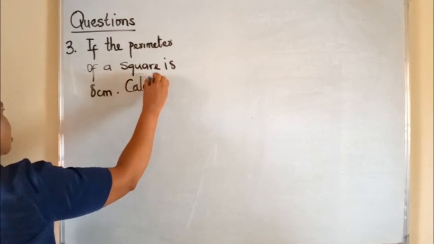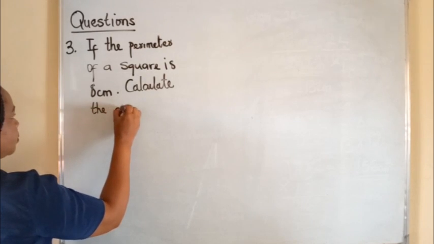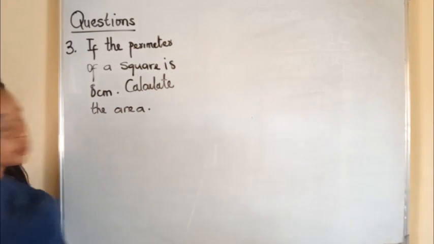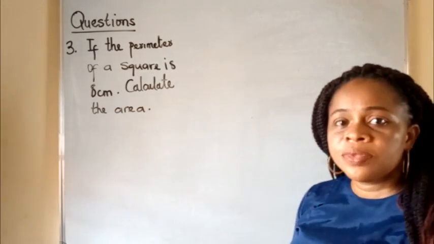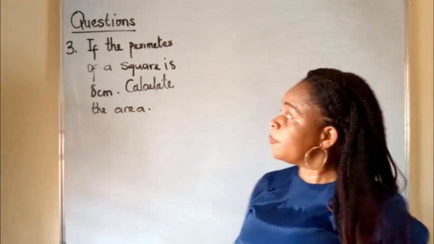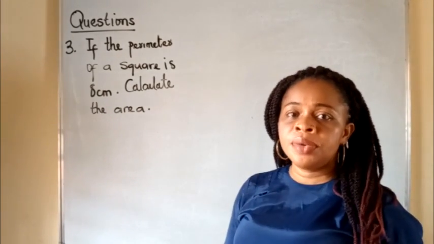Calculate the area if the perimeter of a square is 8 centimeter. Calculate the area.